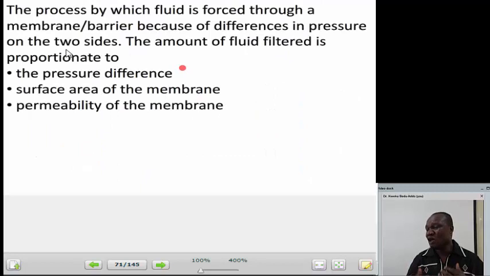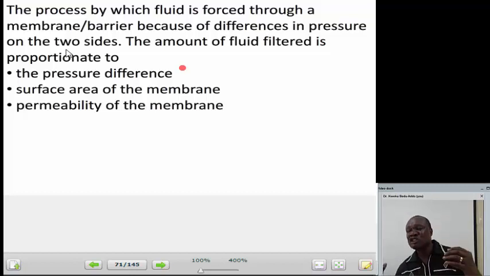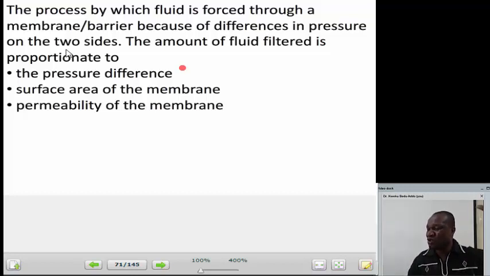Now we move on to the final transport process that occurs, and this is filtration. In filtration, fluids are forced across membranes because of the pressure differences on the two sides of the membrane.